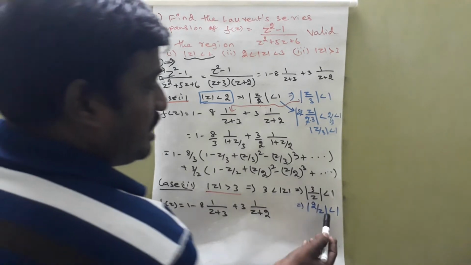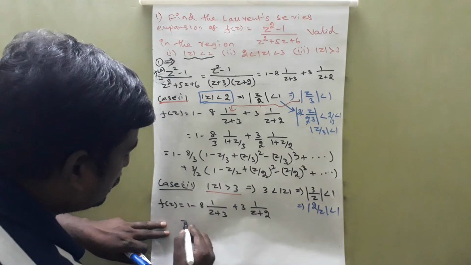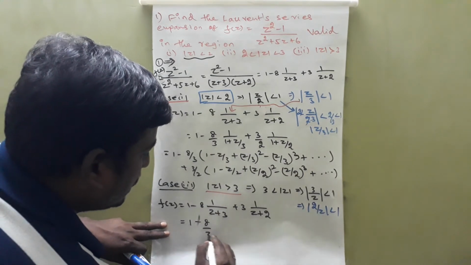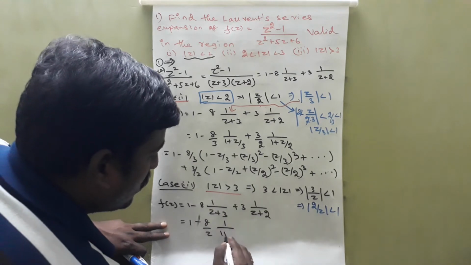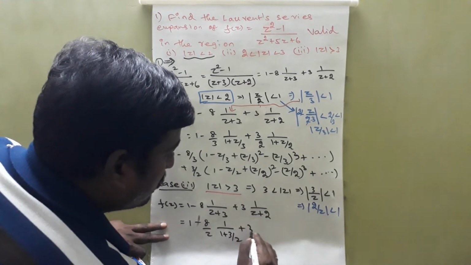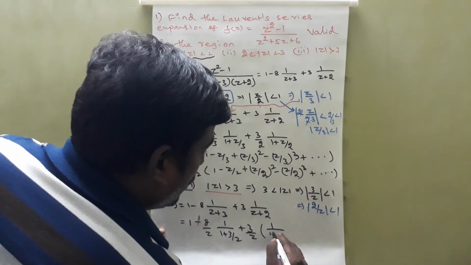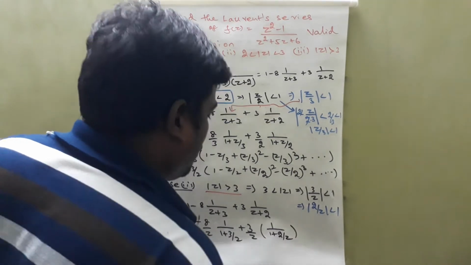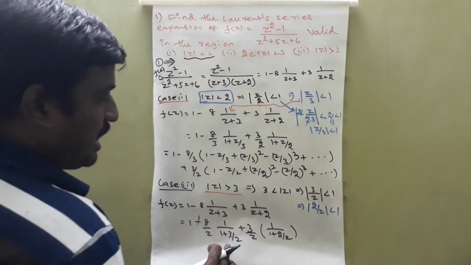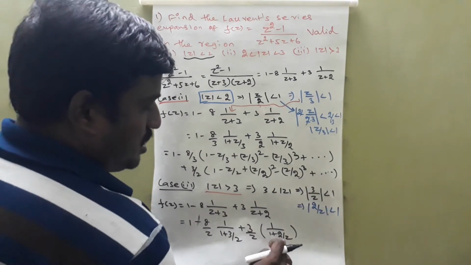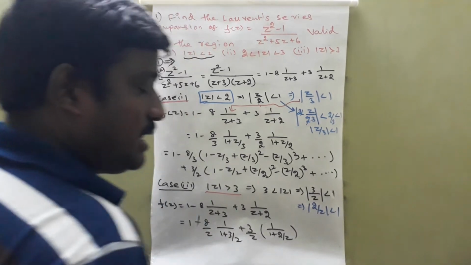So I have to take out z outside. That's very simple. Here I have to take out z outside, so finally I have 1 by 1 plus 3 by z. Here also I take out z outside, finally I have 1 by 1 plus 2 by z. Now I can apply the formula, because for this one I have modulus of 3 by z less than 1, and for this term I have modulus of 2 by z less than 1.